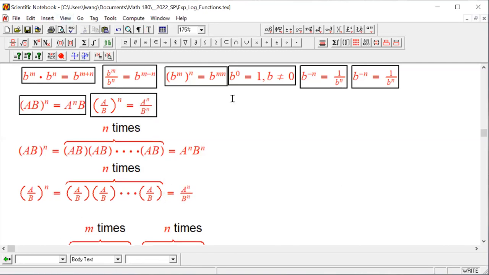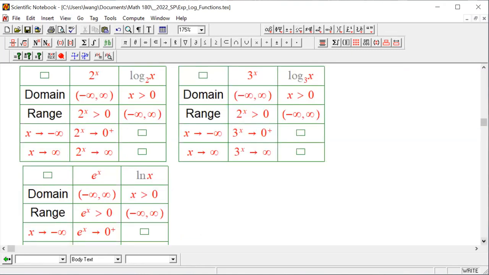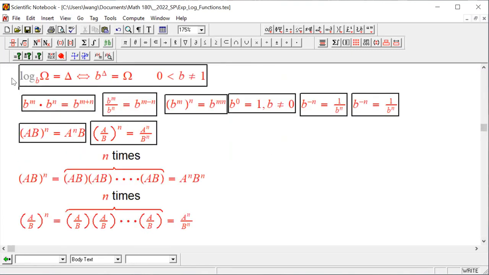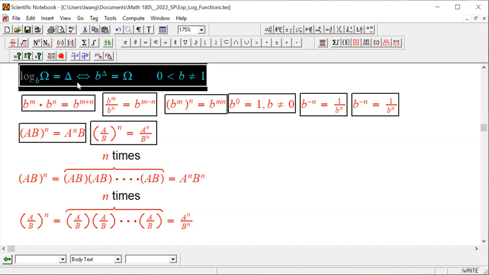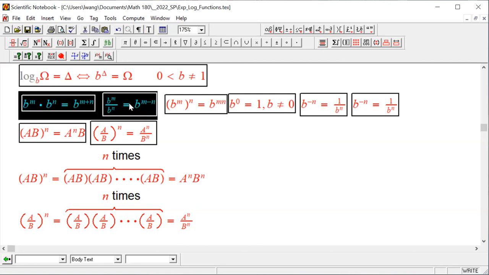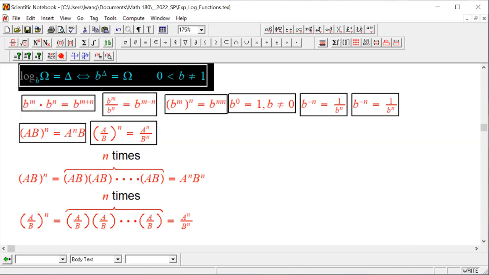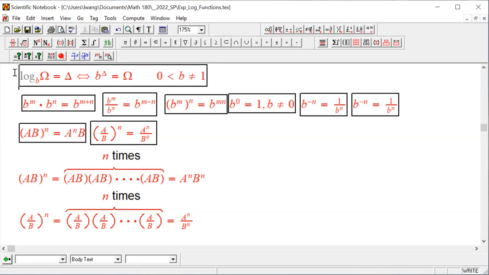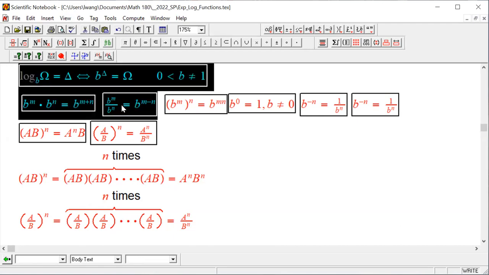Then you say, what? Of course, we review these properties, and we have a reason to. And how does that relate to this thing, which is related to the properties? So here, all of these properties are about the exponents, about power. Do we have some properties about the logarithm? The answer is yes.